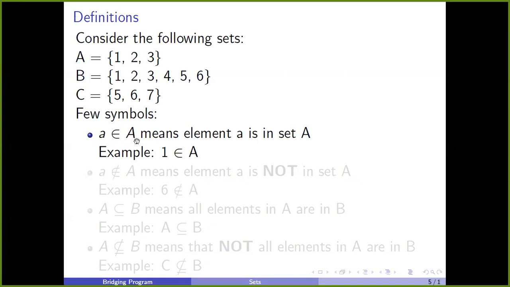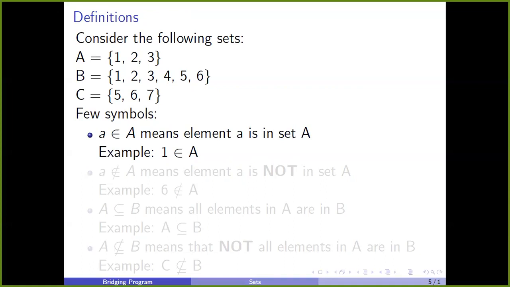So element A is in capital A. For example, if I take the previous sets, I can write 1 is in capital A. If you look at the set A, 1 is there, so you can just write it like that. That is what this weird looking E letter means.